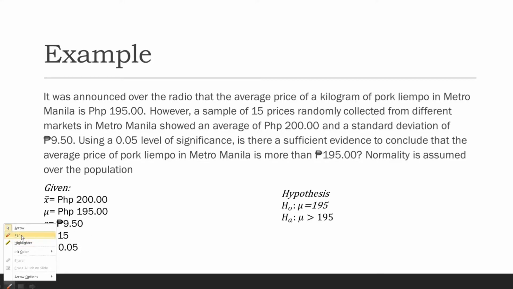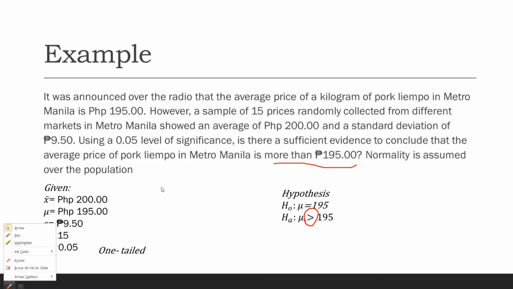So, nakuha natin yung greater than dahil it says in the problem that more than 195. So, since ang ating alternative hypothesis is greater than, so, ang ating alpha is one-tailed. So, since it is greater than, nasa right yung ating rejection region.